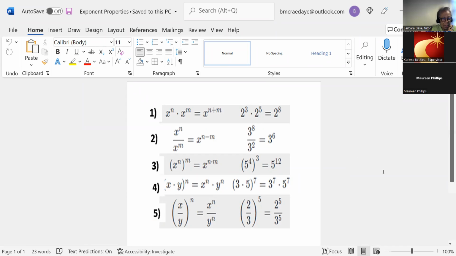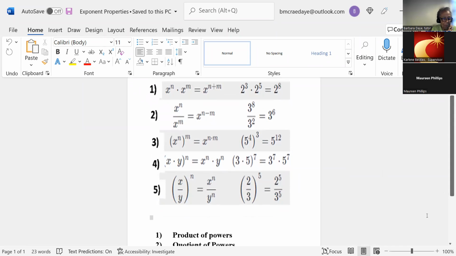Now, the exponent properties. Look, the first one is a product of powers. So when you see the same base multiplied, you add the powers, right?